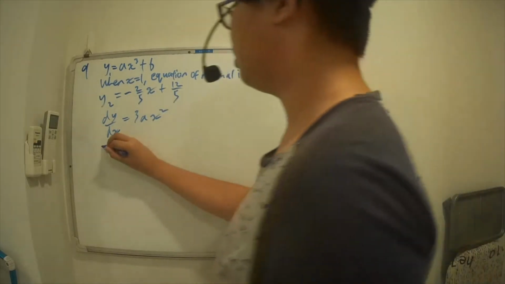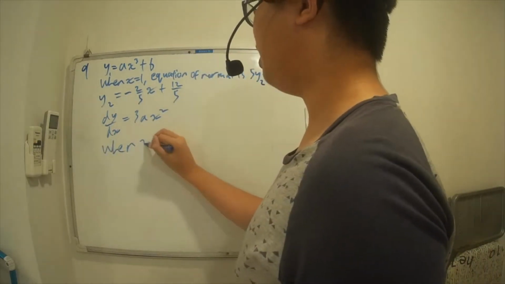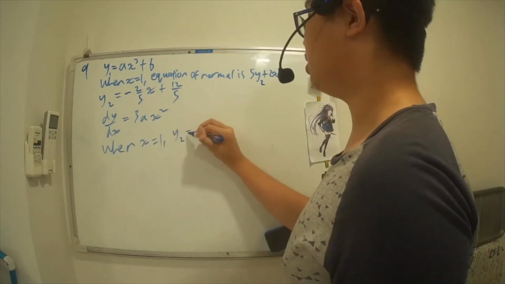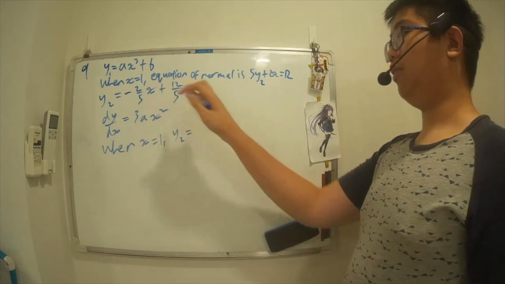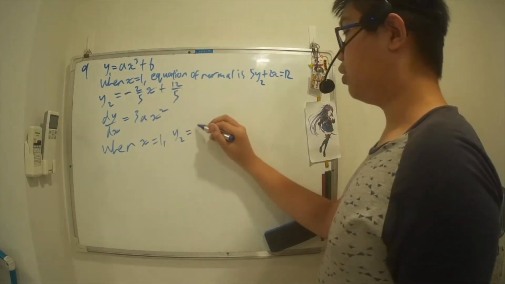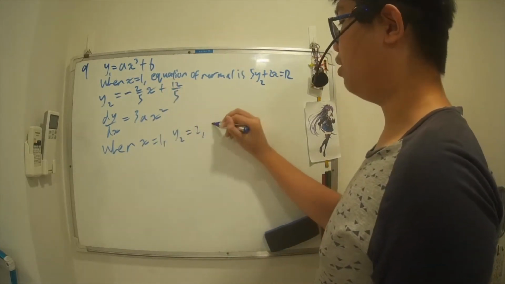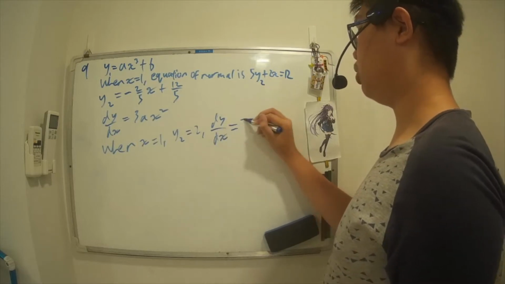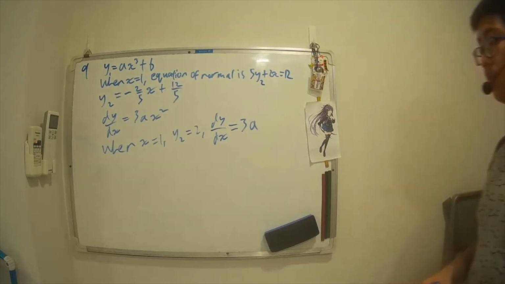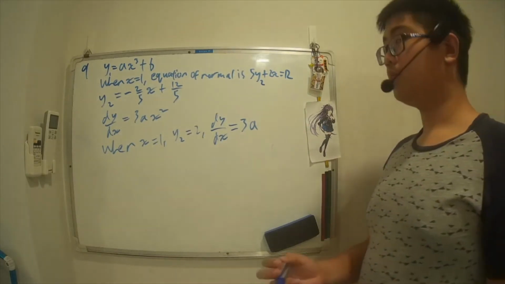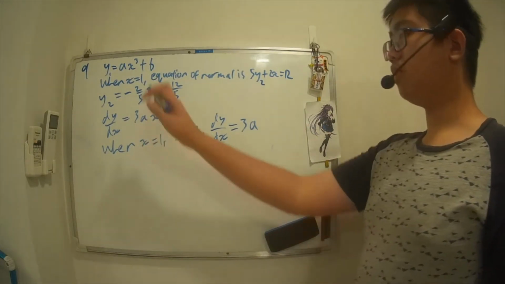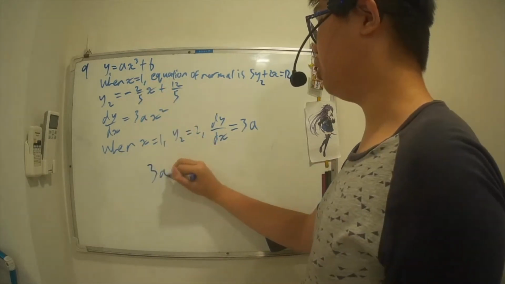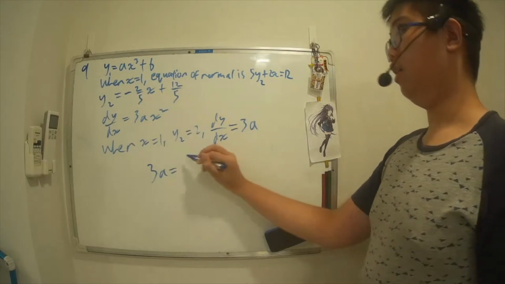When x equals 1, y2 is equal to 12 over 5 minus 2 over 5, so this is just 2, and dy/dx is equal to 3a. Based on y2, we know that 3a will be equal to the negative reciprocal of this, which is 5 over 2.